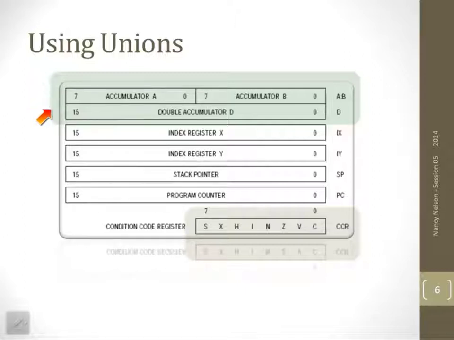The union would reserve enough space for the biggest, but then we could also access A, or access B, or access D, all from that same physical space. Same thing about our condition code register. We could treat that 8-bit value as a byte, or we could treat it as various individual bits. So union would be a very good place to implement something like that.